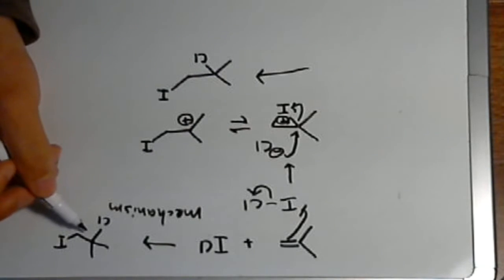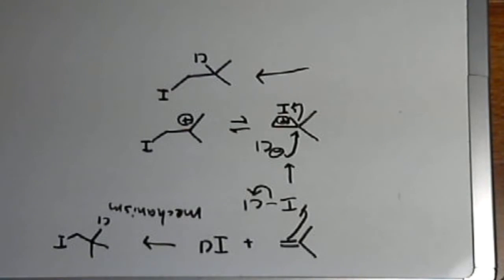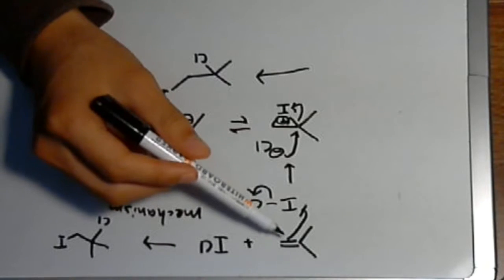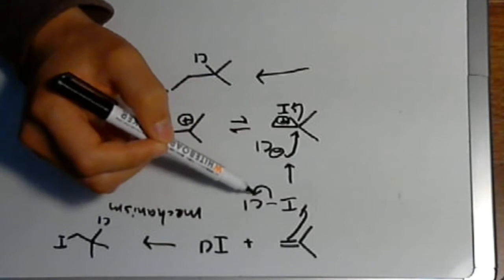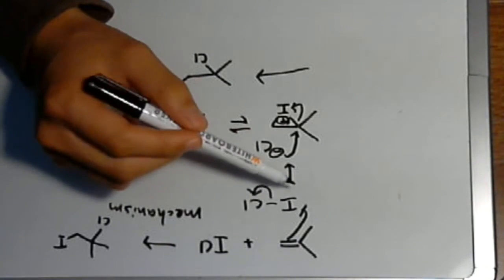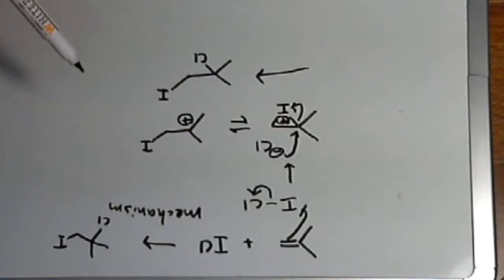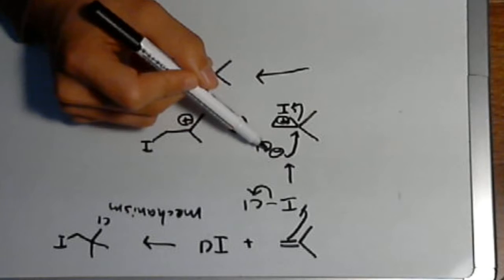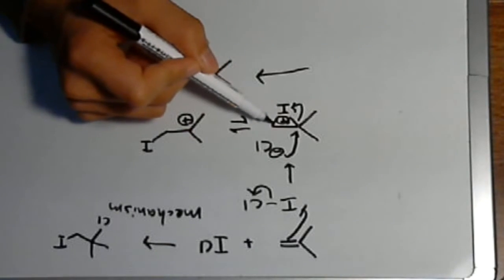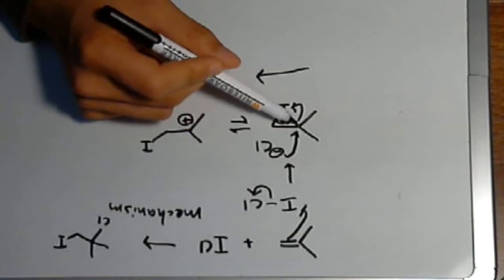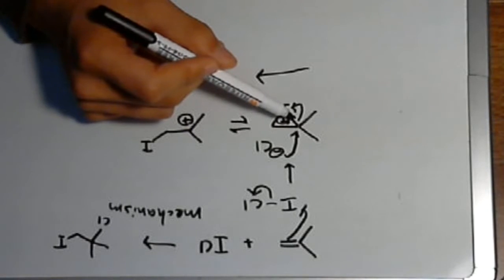And that's the same as our product, right? So the reason we added this I instead of the Cl is because the I is the better electrophile, right? And the reason we use the Cl to attack here instead of here is because this is a tertiary carbon.